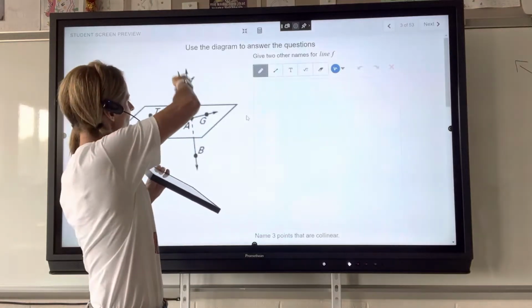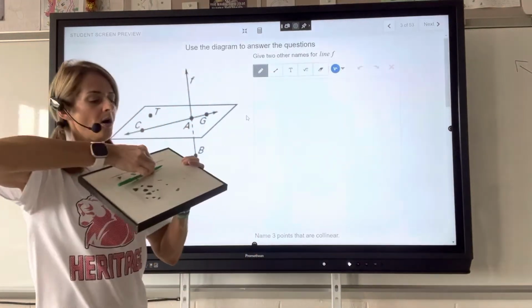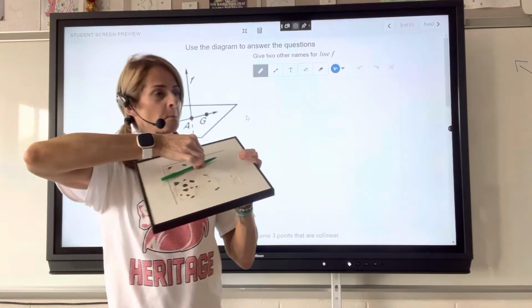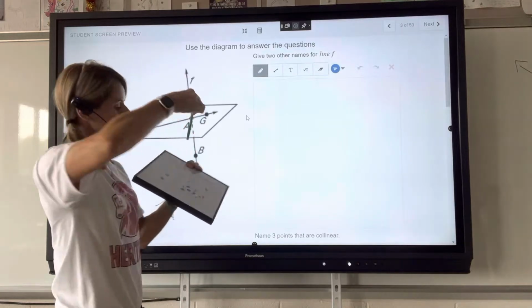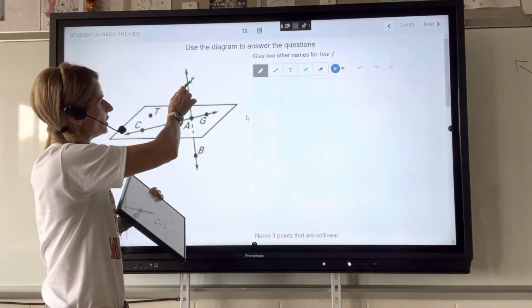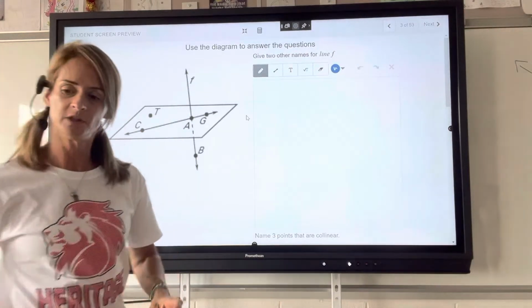And then this is a line that's cutting through the plane. There's also a line on the plane. So that's kind of what's being represented in the diagram here. Line F is going through the plane, okay? And notice, this is a lowercase f and there's no dot next to it. So that means that's the name of the line.